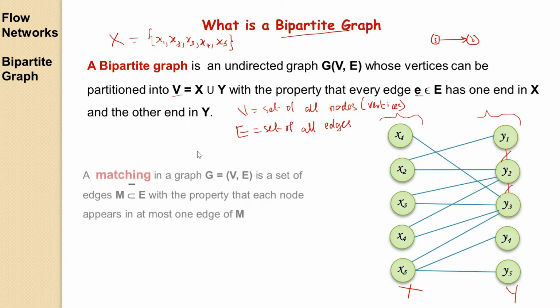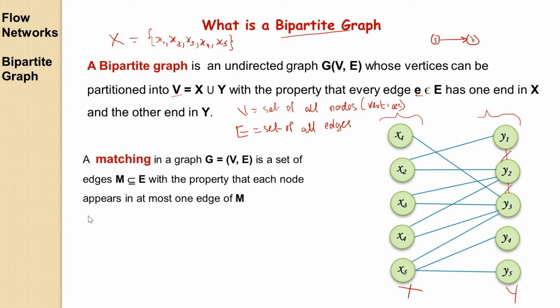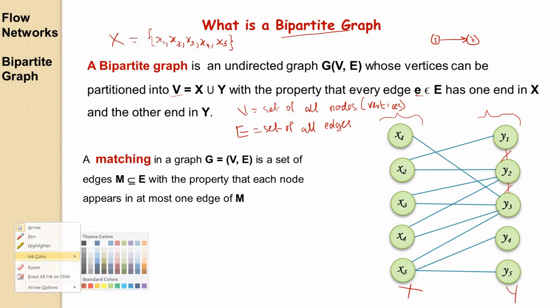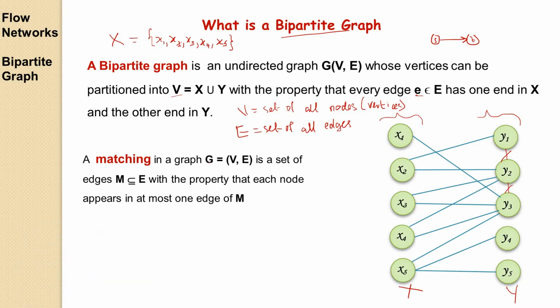Alright, let's continue. Now, what is a matching? That is another concept. Now you know what a bipartite graph is. A matching in the graph, of course, this is a bipartite graph, is a set of edges M with the property that each node appears in at most one edge in M. So what we have here is a matching. It's a set of edges.